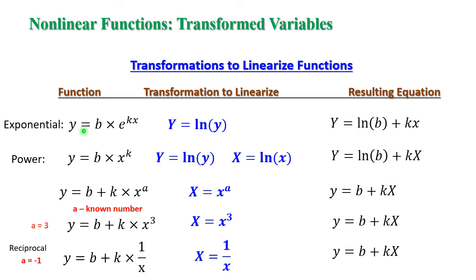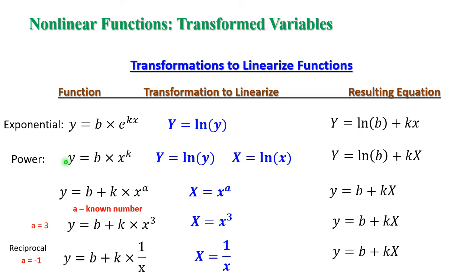What we do is taking log function of two sides, natural log. So your new function y is natural log of y, and intercept will be natural log of b, again it's constant, and then you'll have kx. It's linear function, straight line, and you can process it as usual.